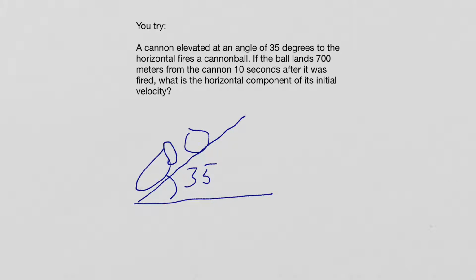So it's looking for, it says if the ball lands 700 meters from the cannon, so over here, this is 700 meters, and the time it takes for it to go that 700 meters is 10 seconds.